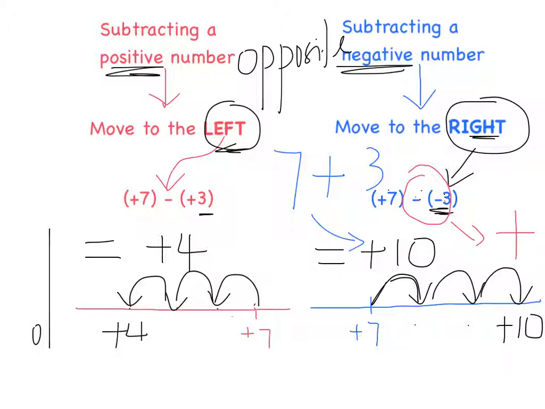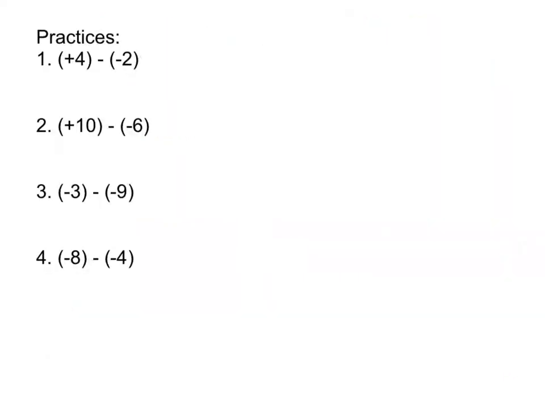Let's try some other examples. If I have positive 4 minus negative 2, using the number line from just now, 0 is somewhere here, positive 4.